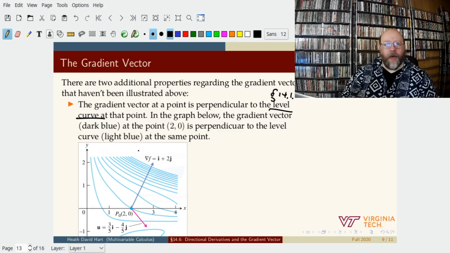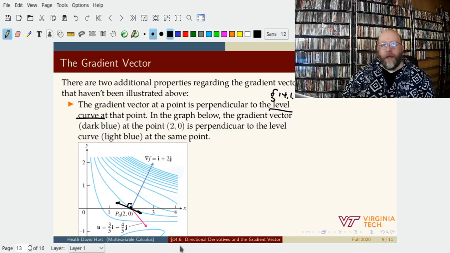It turns out that at any point, the gradient vector will be perpendicular to the tangent to a level curve. So this light blue curve is a level curve. This dark blue curve is the gradient vector. And the tangent to this level curve at this point, these are perpendicular to each other.